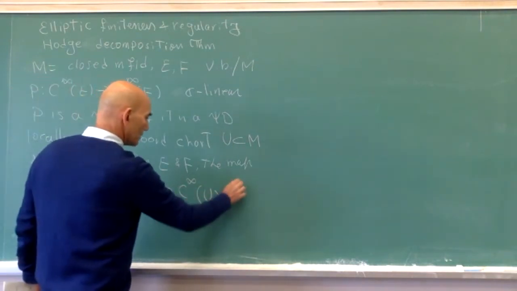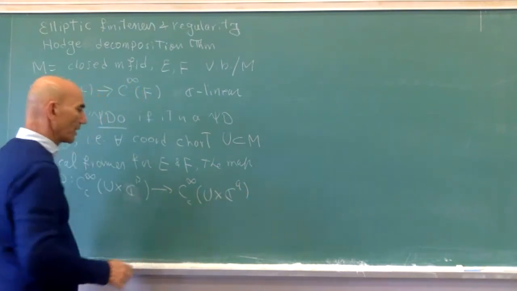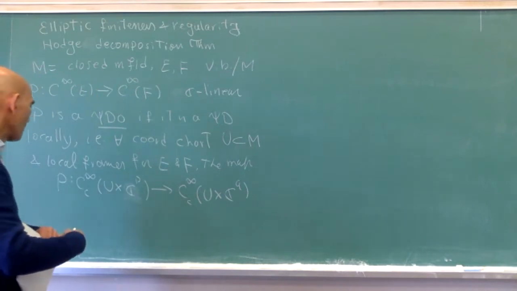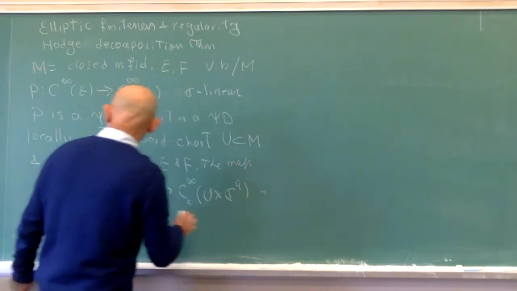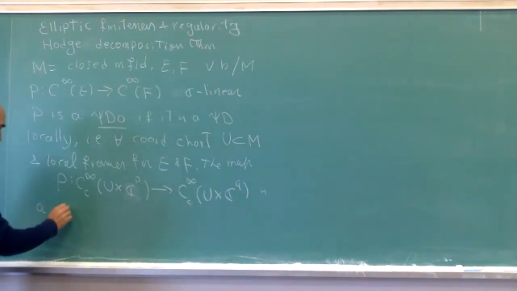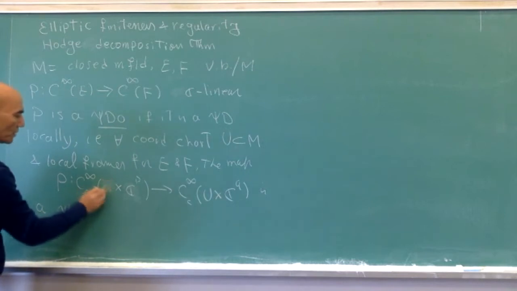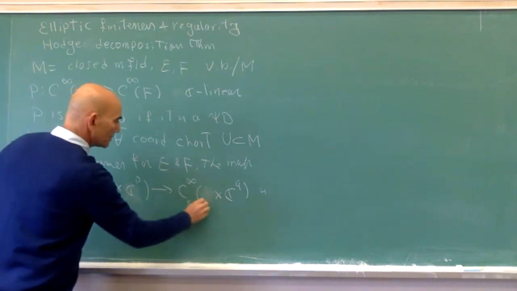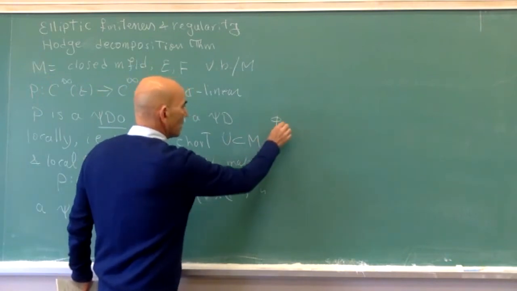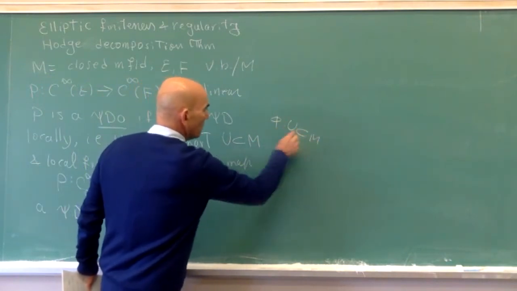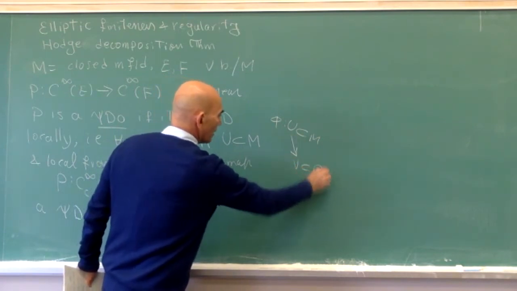say with compact support, is a pseudo. So maybe I just put here V. There is this phi that takes U inside M to V in R^n.